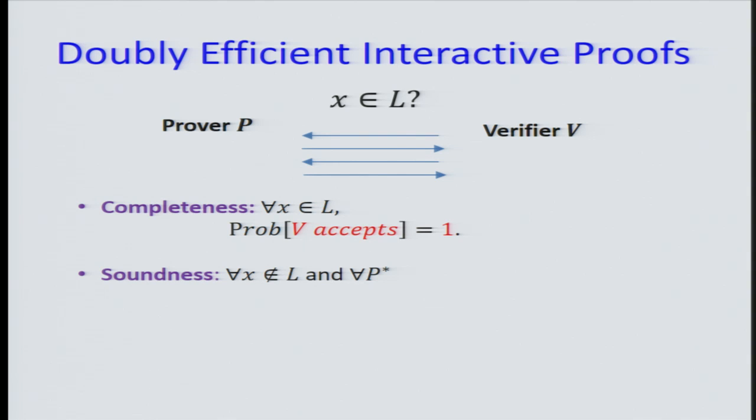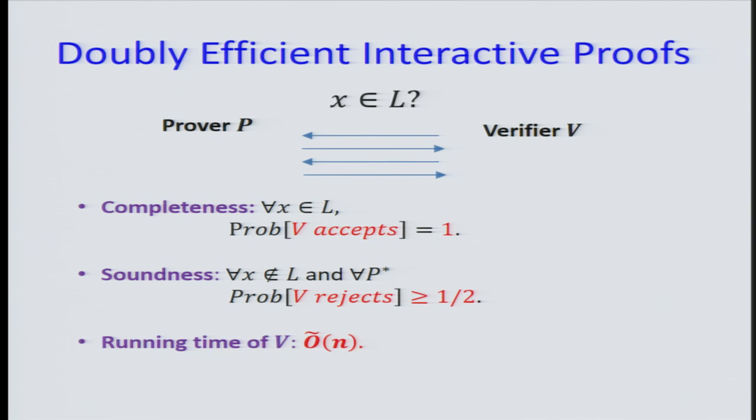So no matter what cheating prover you give me, with high probability, or let's say with probability half, the verifier rejects, and you can amplify this by repetition. So far, this is very similar to an interactive proof, but the efficiency requirement, as we said, is different. So we want the running time of the verifier to be, say, quasi-linear, and the running time of the prover to be polynomial. Okay, so that's a doubly efficient interactive proof.